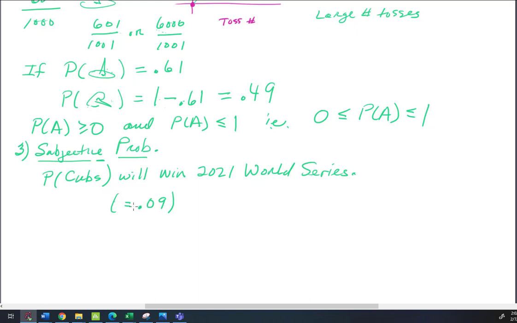But what's that based on? That's not based on classical probability or empirical probability, relative frequencies. That's just based upon my opinion of the strength of the Cubs team compared to other teams in the league, whether they play well in the heat and how hot I think the summer is going to be, and lots of little factors like that. But it's not classical probability and it's not empirical probability.